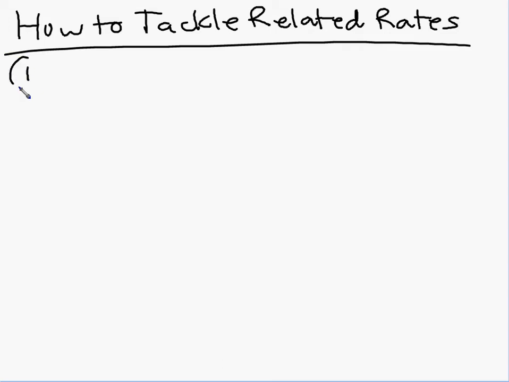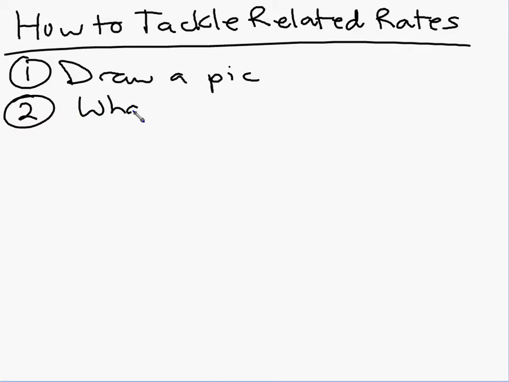Number one, draw a picture. Okay, that's step number one. That's something nearly everybody can do or try to do. Draw a picture. Number two, we want to identify what do we know.